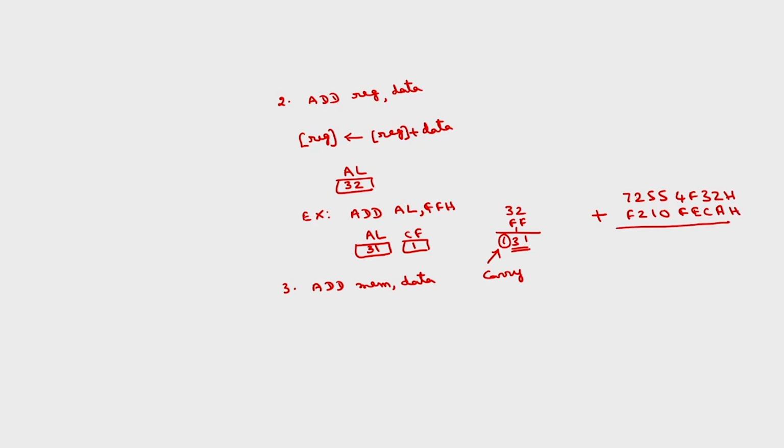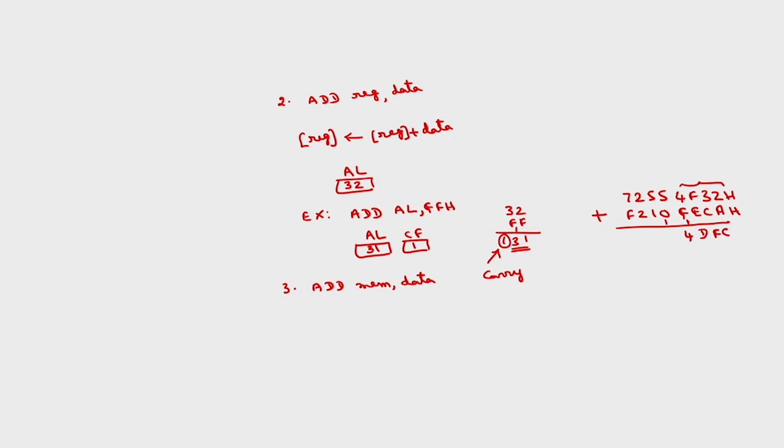See what happens if I want to add this using a byte, or even 16 bits at a time, because 8086 is a 16 bit microprocessor, it can perform this 16 bit addition in a single clock cycle. So if I perform this, what happens here? A plus 2 becomes C, C plus 3 becomes F, F plus E becomes 1D, and this becomes 1 4.